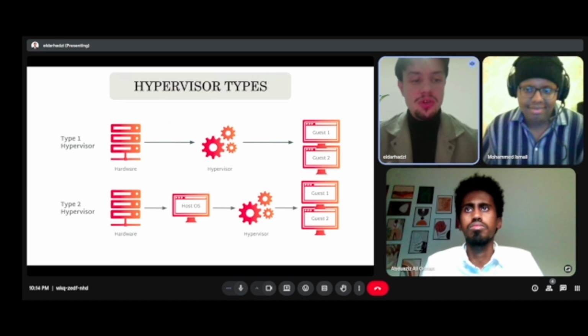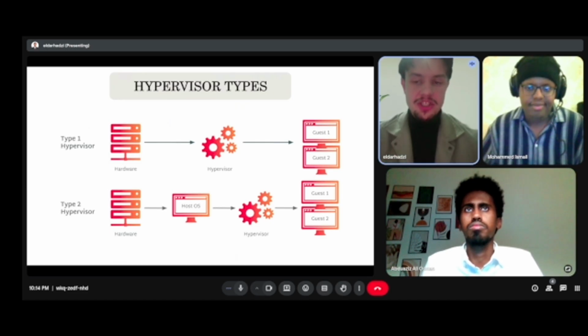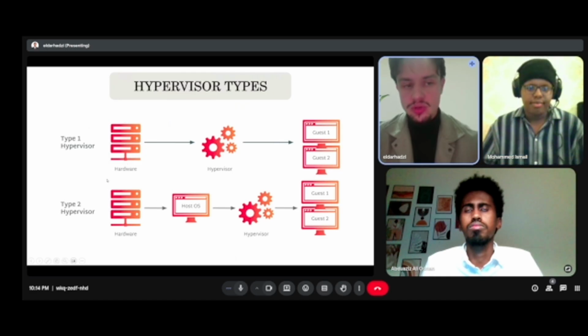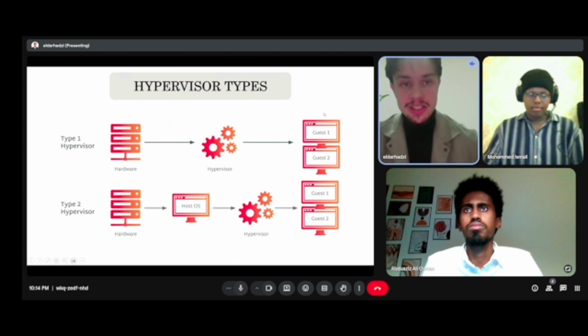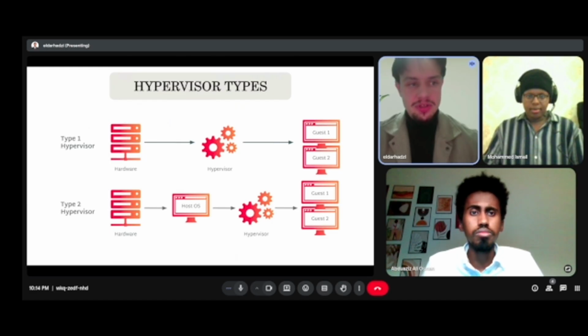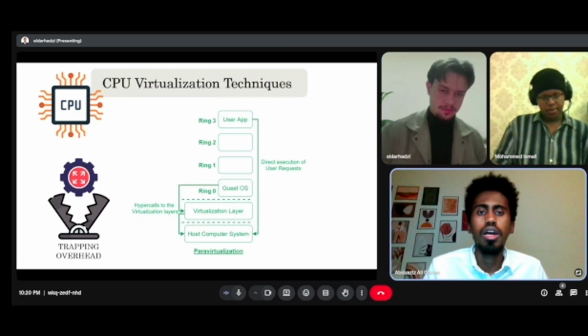And some platforms use hybrid designs, which means they combine the two techniques, like hypervisor 1 and hypervisor 2. Now that we know what hypervisors are and what types there are, Abdulaziz will continue with virtualization techniques.